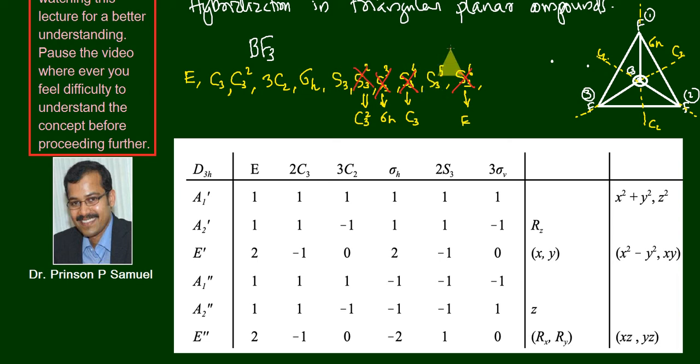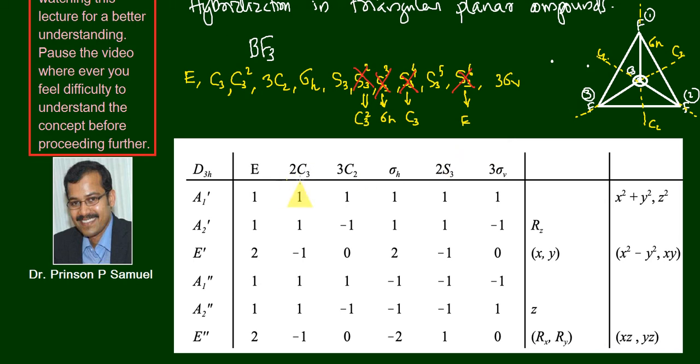S3 is there, and S3 raised to 5 is there, and that is why we have written only two S3 here. And in addition to that, we have 3 sigma v also. So these are the unique, non-redundant symmetry operations present in the BF3 molecule or any triangular planar molecule of this kind.